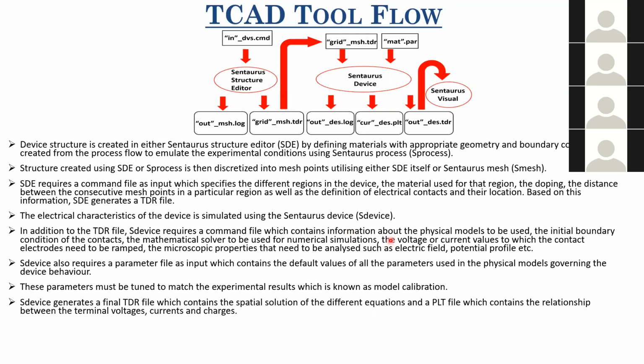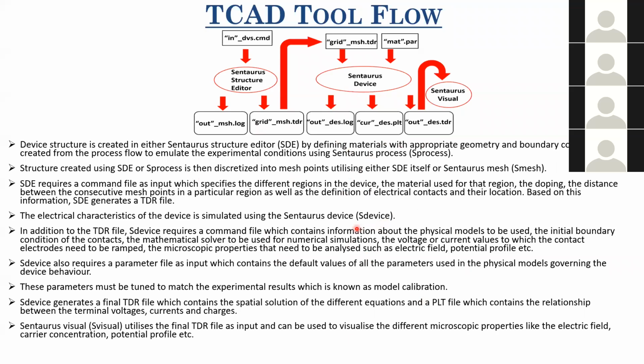So this is the typical tool flow of any TCAD. Here I've taken an example of Centaurus and told you all these things. So starting from the structure definition, we end up at a state where we can visualize all the microscopic properties and take informed decisions or explain the physical phenomena which are happening inside the device.